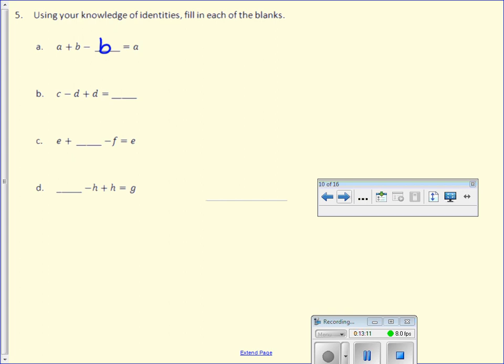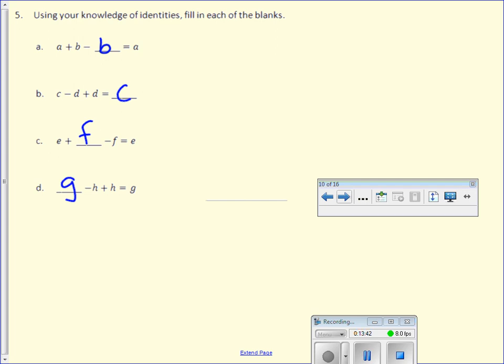If I have C, and I take away D, and I put D back, what do I have? If I have E, what do I have to add to it to take F away and still be left with my identity of E? What do I have if I take H away and I add H and I'm left with G? G.